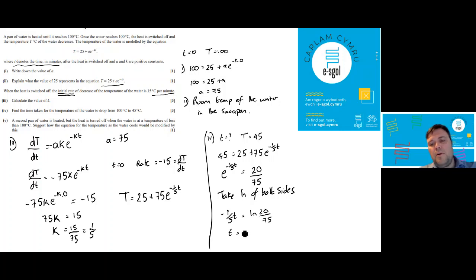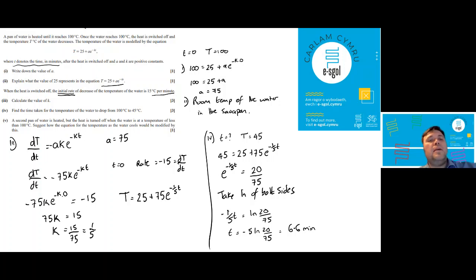So t equals minus 5 times ln of 20 over 75, which is equal to 6.6 minutes.